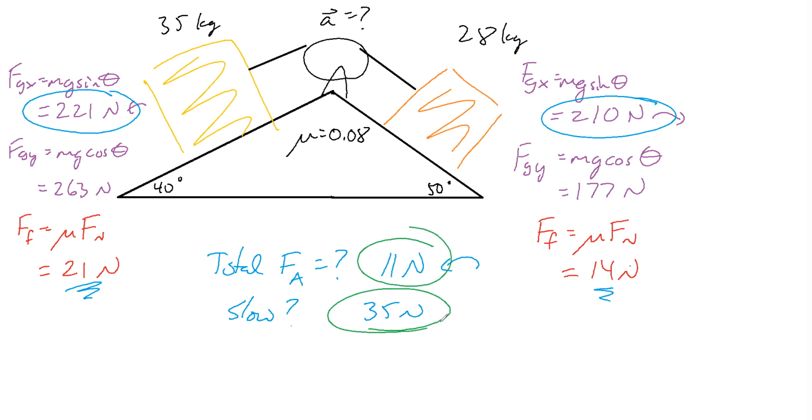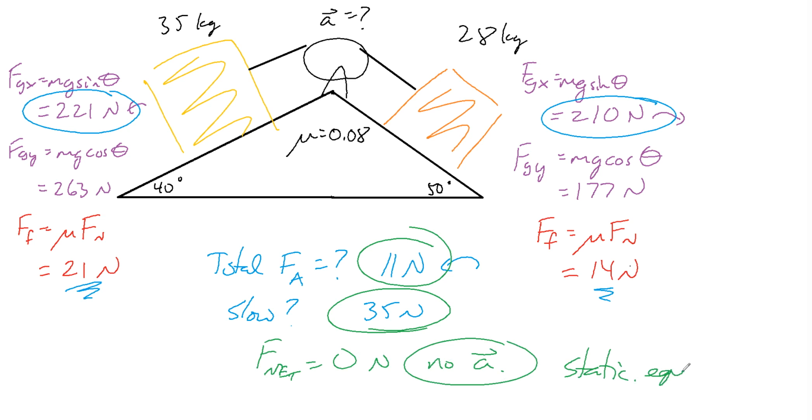There's no way. So friction is easily going to cancel this thing out, which means my net force is going to be equal to 0 newtons, and of course then there's going to be no acceleration. So this thing would be in static equilibrium, because there just is not enough overall applied force to compensate for all the friction that's involved.